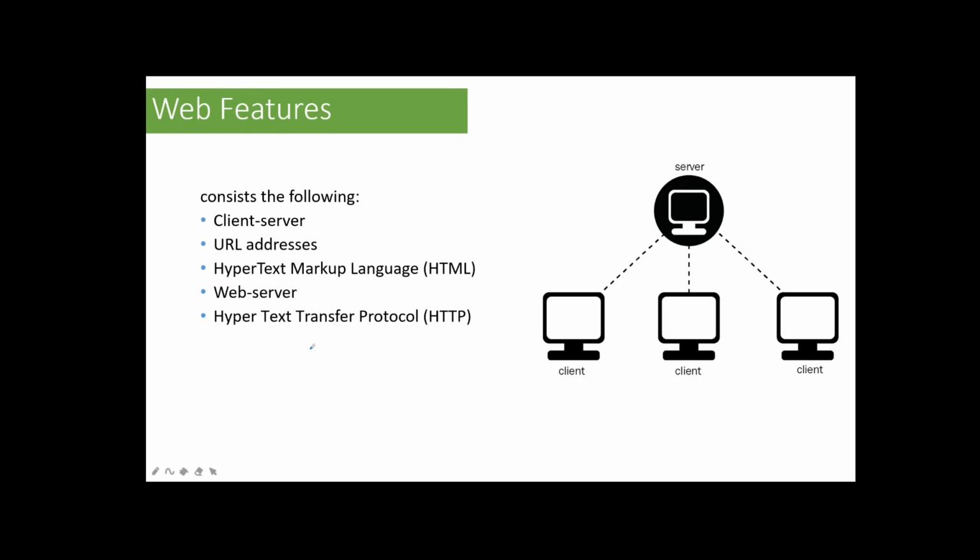As to the web features, a website consists of the following: the client server, which denotes a computer system which works as a central server. It provides data to a number of network workstations.